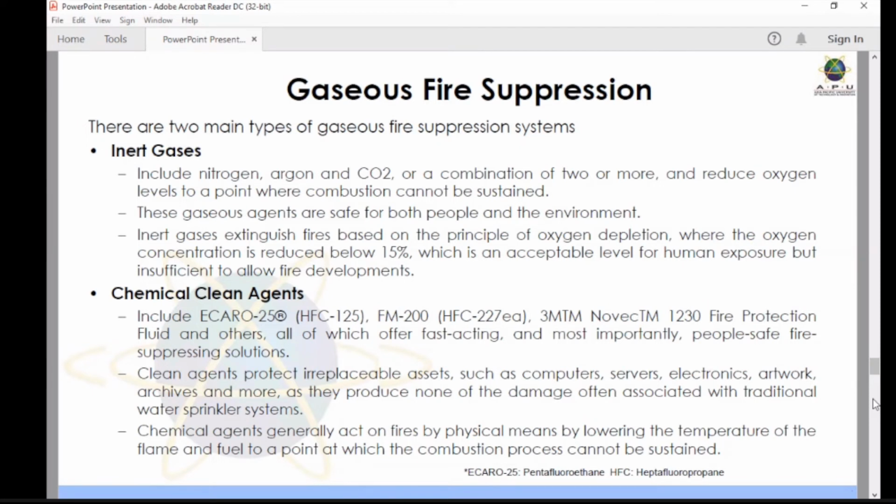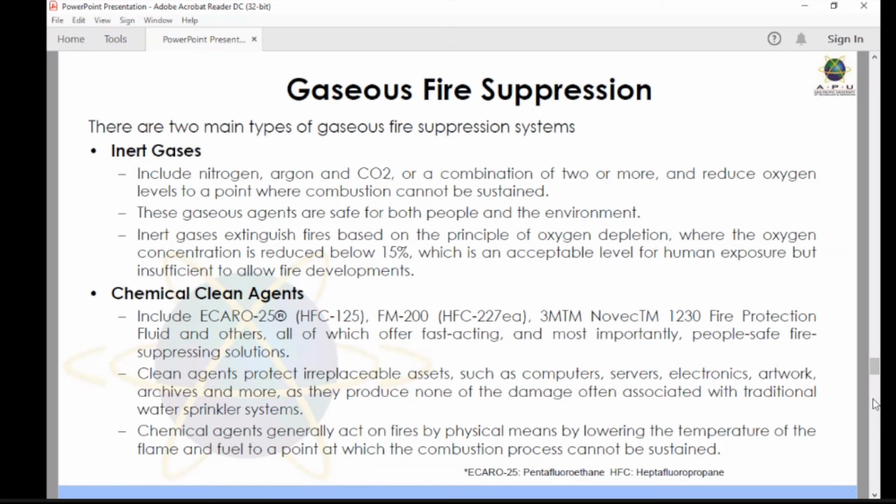And there is also 3M Novec 1230 fire protection fluid, and others, all of which offer fast-acting and, most importantly, people say, fire suppression solutions. These all use chemical gas to put out the fire.